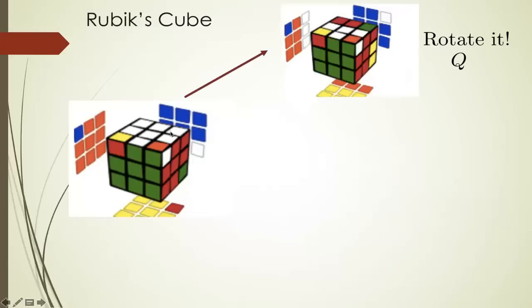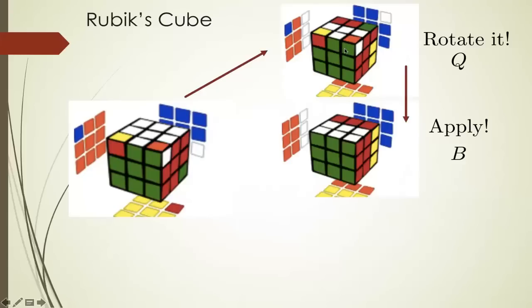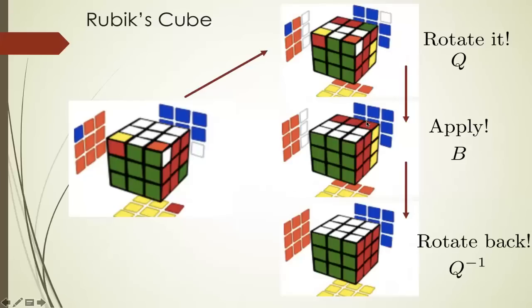I rotate it. That means I take the back face here and rotate it clockwise, so that this corner goes on top. That's what happens here. So now this corner becomes this top corner, and now I can apply my algorithm of rotating these three corners, fixing everything else. So that's my easy algorithm. So that's applying the algorithm. And now I just rotate it back, Q inverse, and I just solve the problem.